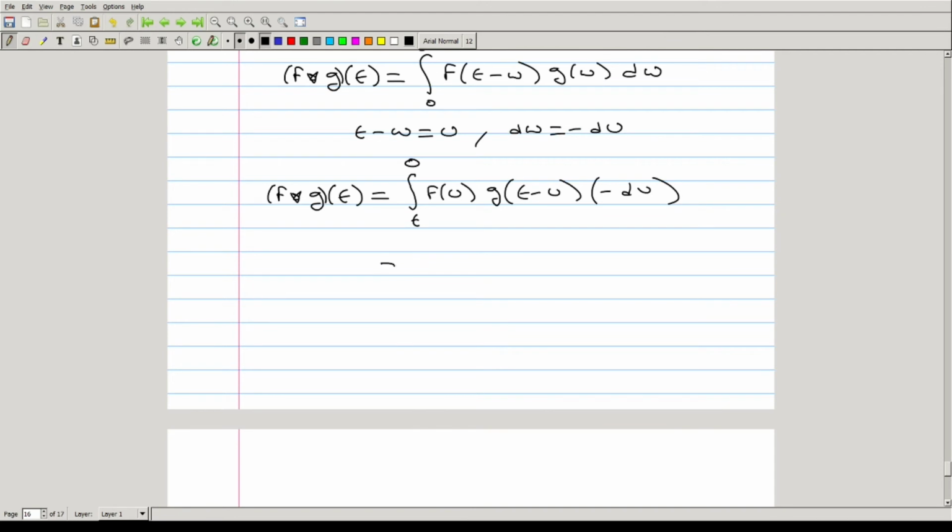And so this negative sign flips the bounds of integration, making this the integral from 0 to t of g of t minus u times f of u du, which is the definition of the convolution of g with f, or g convolved with f.